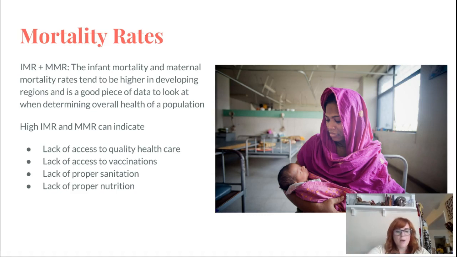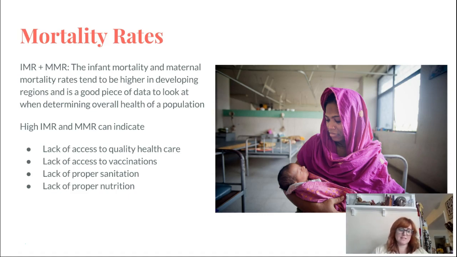If women are not properly cared for during their pregnancy or after they give birth, they are more likely to die. Same with infants, right? If babies are born and then not properly cared for, not receiving things like vaccinations, which is the next little point there, then they are more likely to die.